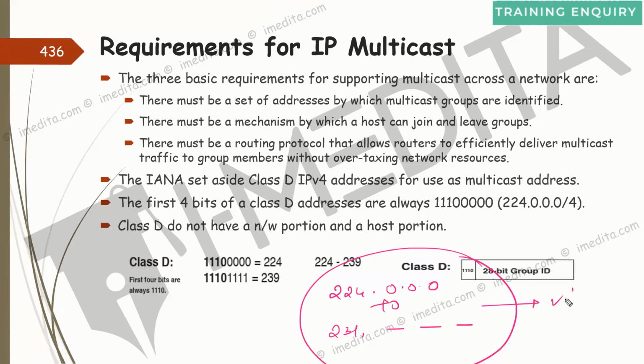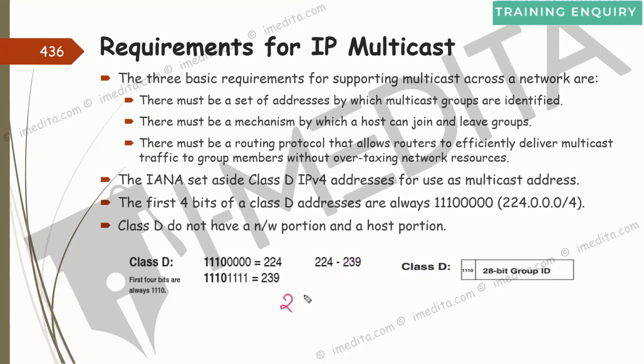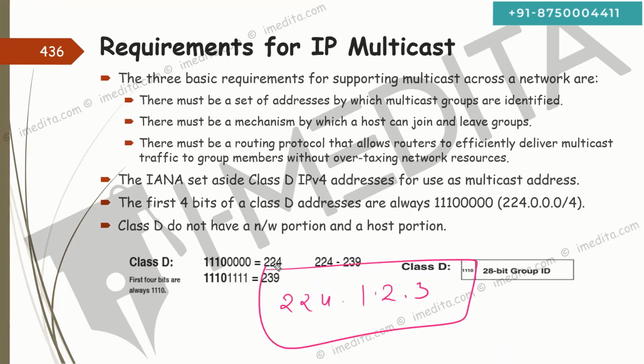In multicast class D addresses, every IP represents a group. 224.1.2.3 is not an IP address. This is a group address. If a packet is sent to this particular IP, the packet will not be delivered to one. It will be delivered to every machine that is part of that particular group.